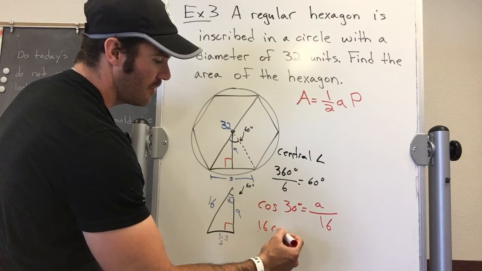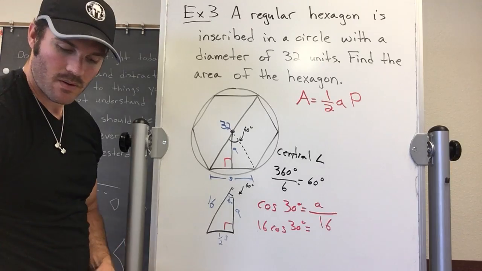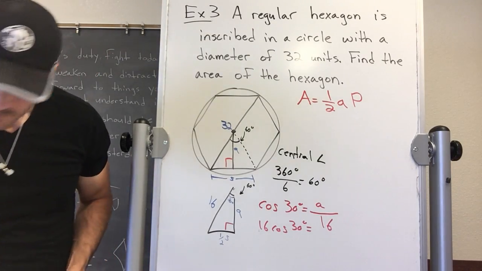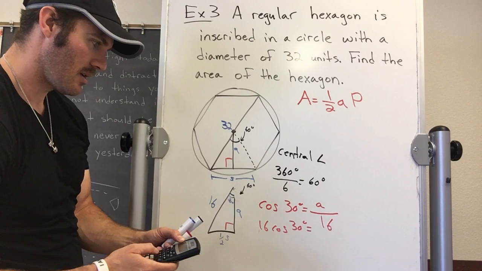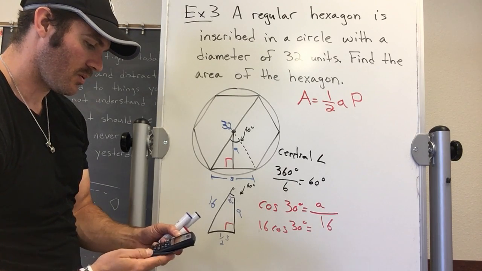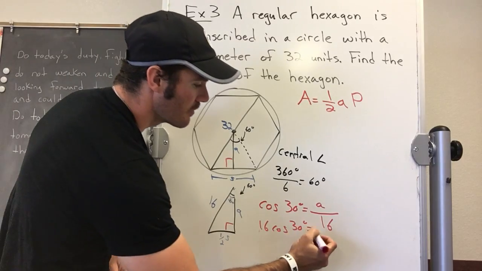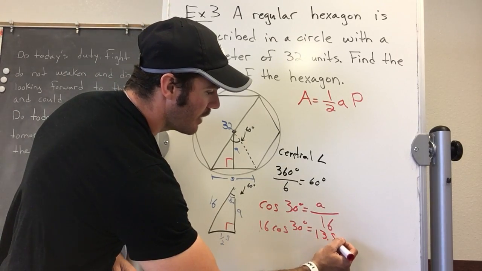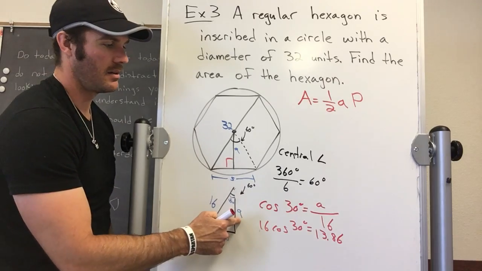So 16 cosine 30 degrees equals the height. 16 cosine 30 equals 13.86. Okay, so that's A.